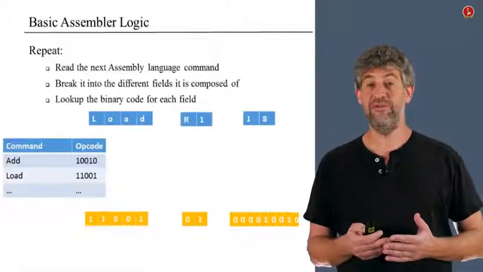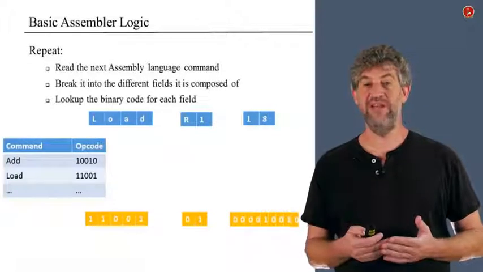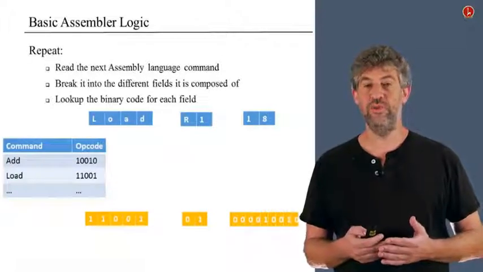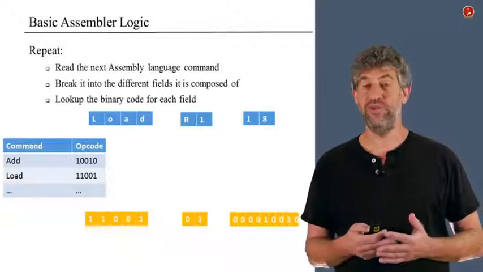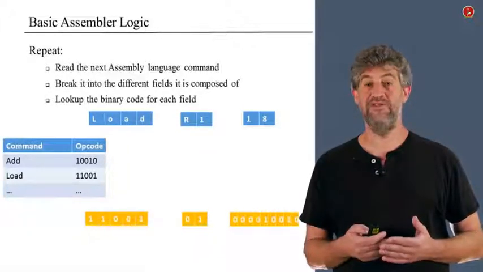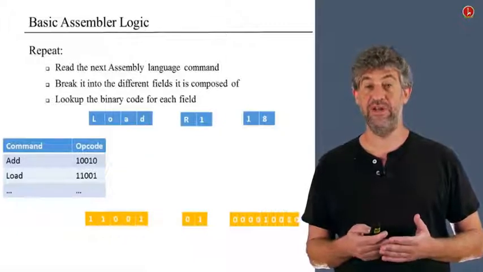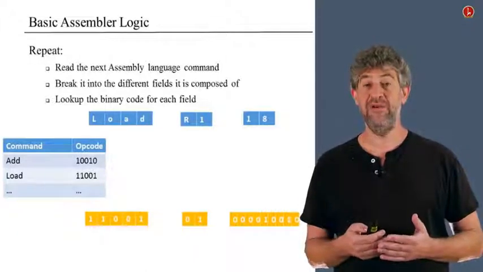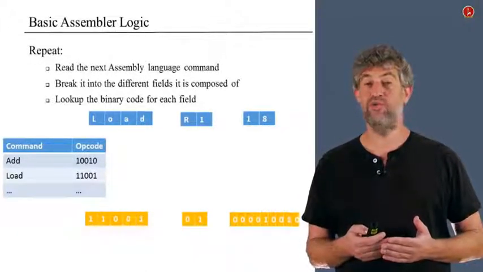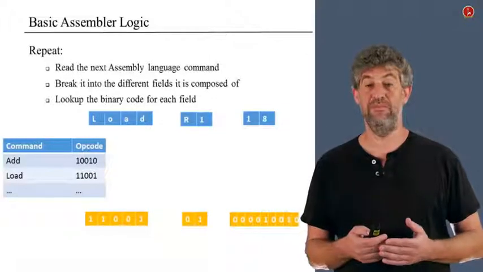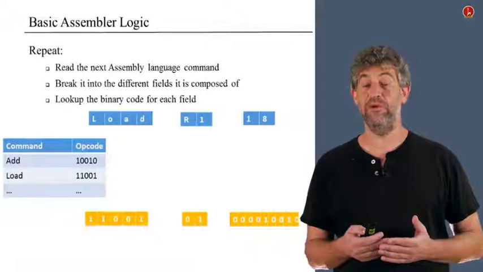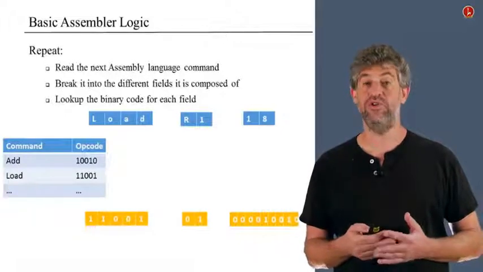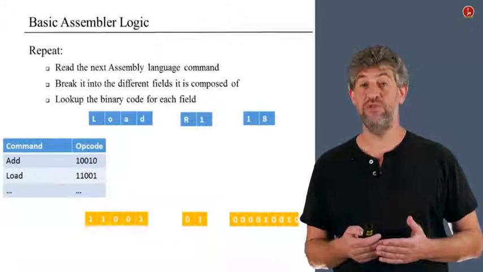Once we have these different parts, we need to translate each one of them to machine language, to its binary counterpart. Now, how do we do that? That has to be part of the specification of the machine language and assembly language. Basically, it tells us what the code is for each one of these commands. For example, for the load command, we would probably have some kind of table which tells us what the machine language code is for each command.